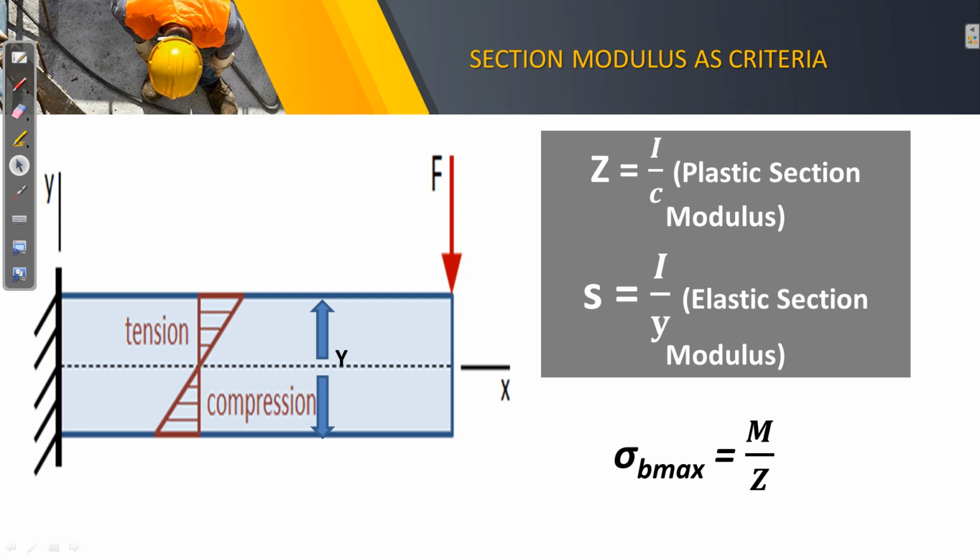And again, as we go on the extreme fiber from the neutral axis, that will be our stress at maximum, or flexural stress maximum. That is equal to M over Z. So this is just substituting the value of Z, wherein Z is equal to I over c.